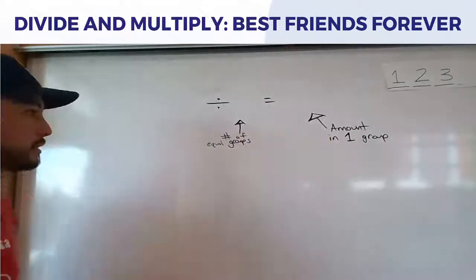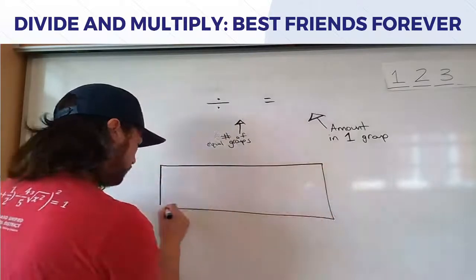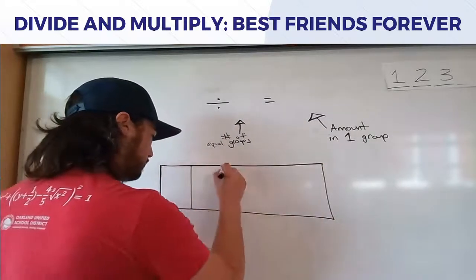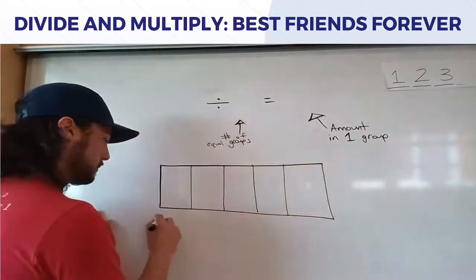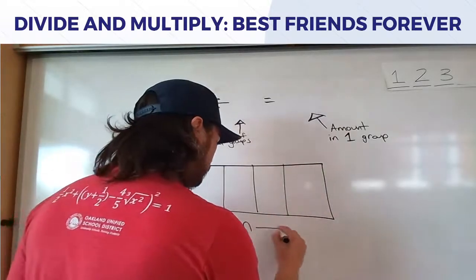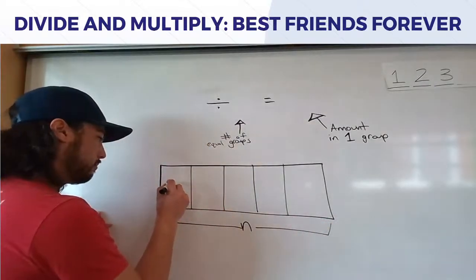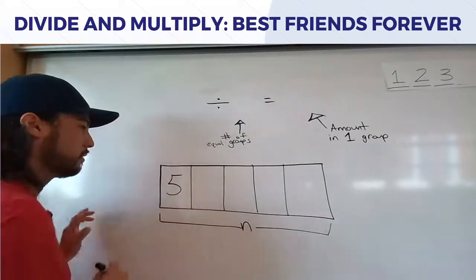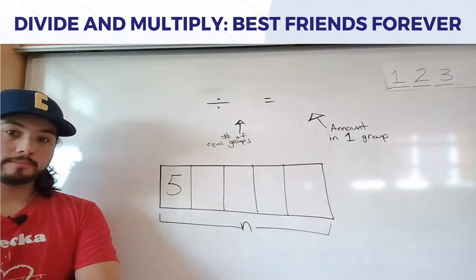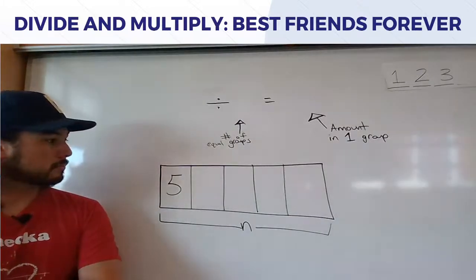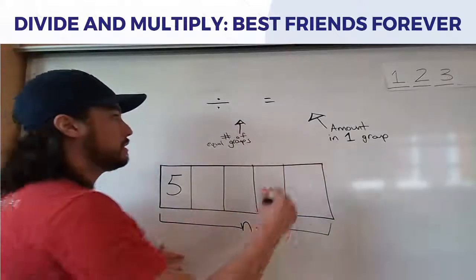Okay, let's look at this one. Again, the whole thing is n here, and let's put 5 there. So again, the amount in the whole thing is going to be our n.